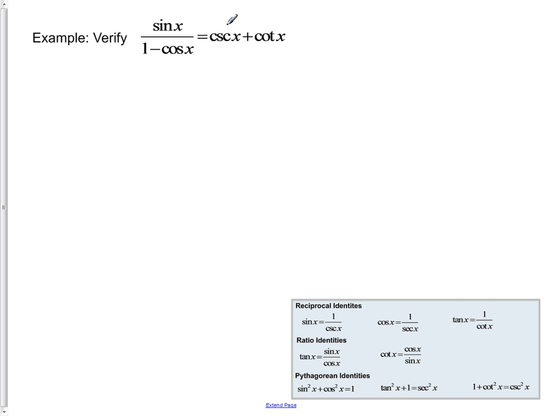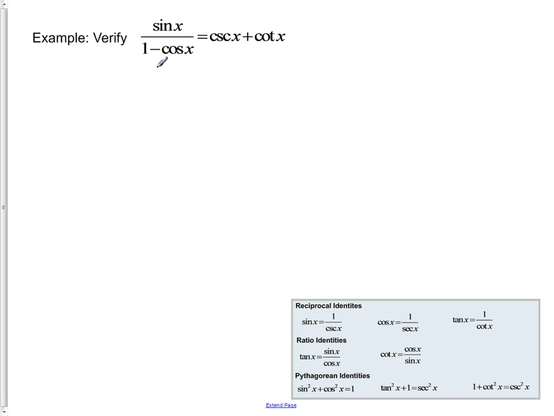So one strategy for verifying trigonometric identities sometimes is to rewrite our trigonometric functions on one side so that they look like what's on the other. So what could we do? Well, cosecant of x we recognize is going to be the same thing as 1 over sine of x. That's a reciprocal identity. And cotangent of x can also likewise be rewritten as a sine and cosine function.